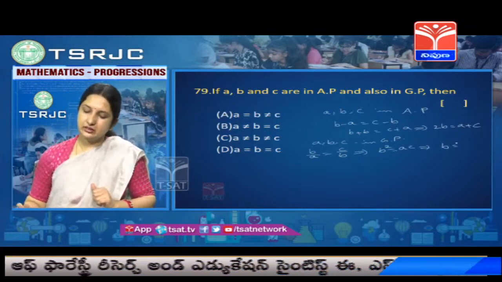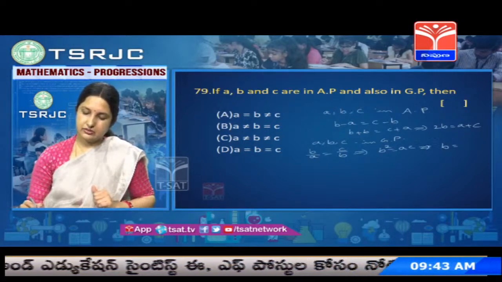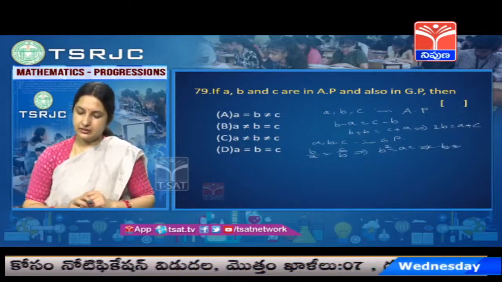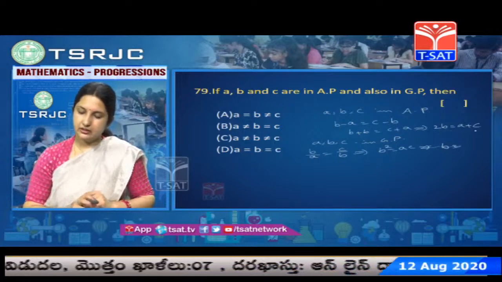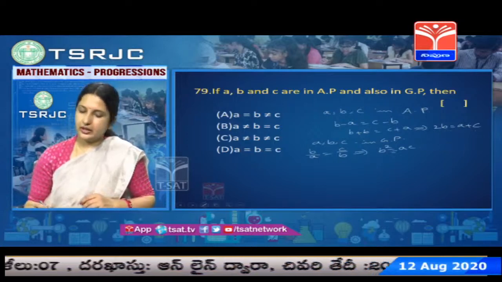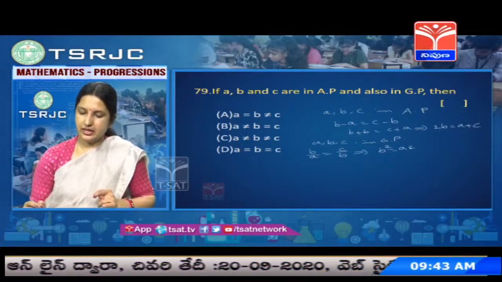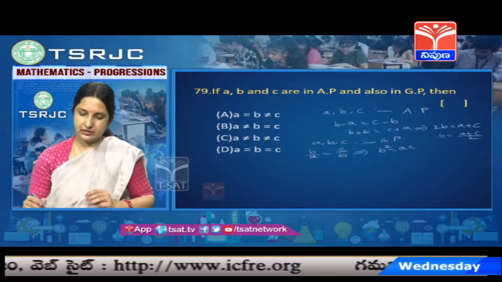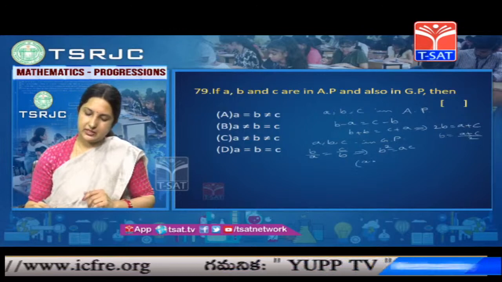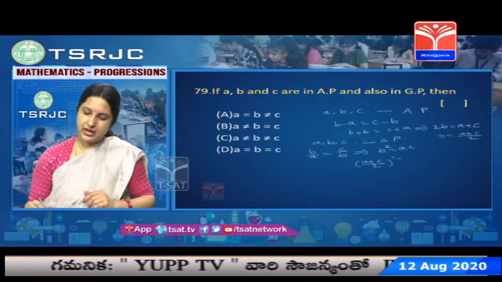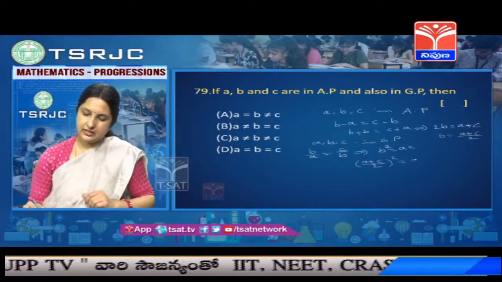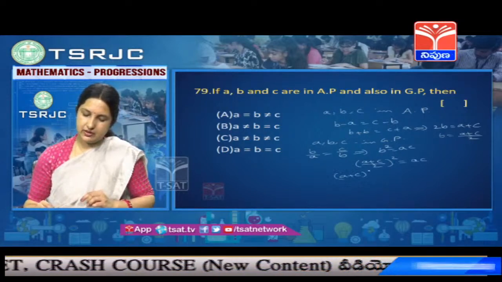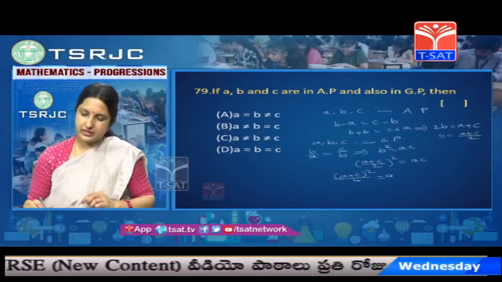b square equals ac. Let's keep it like that. Here 2b equals a plus c. Okay, b square equals ac. Then b equals (a plus c) by 2, we write here. (a plus c by 2) whole square equals ac. Now (a plus c) whole square by 4 equals ac.